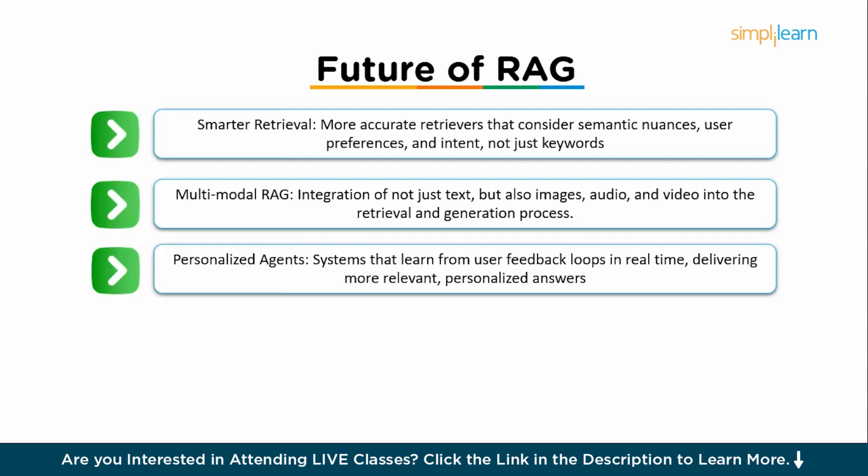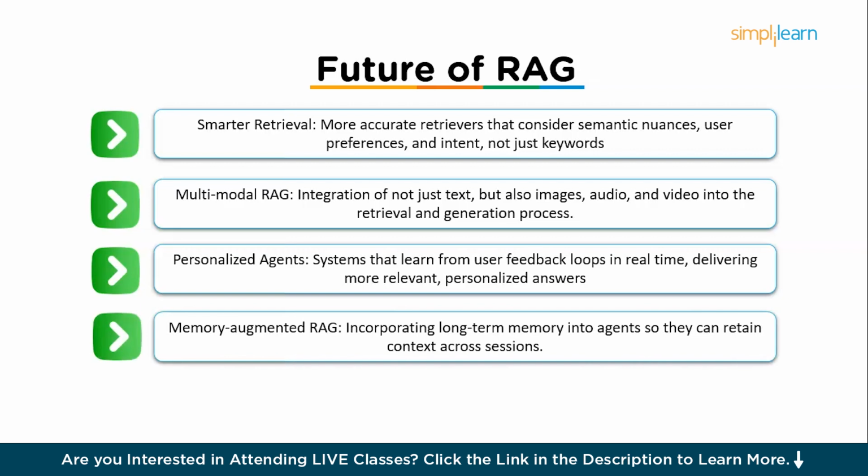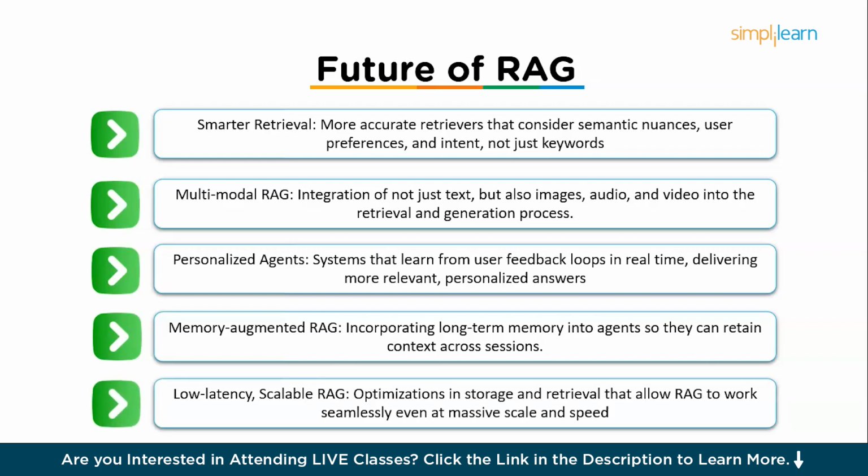Then we can even expect memory augmented RAG, that is incorporating long-term memory into agents so they can retain the context across sessions. Then we can expect low latency, that is scalable RAG, that is optimizations in storage and retrieval that allow the RAG to work seamlessly even at massive scale and speed.